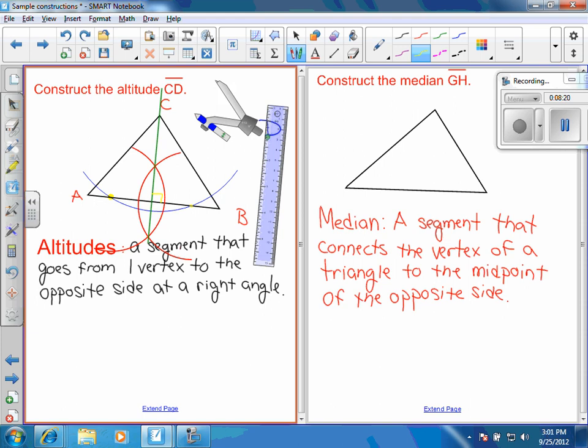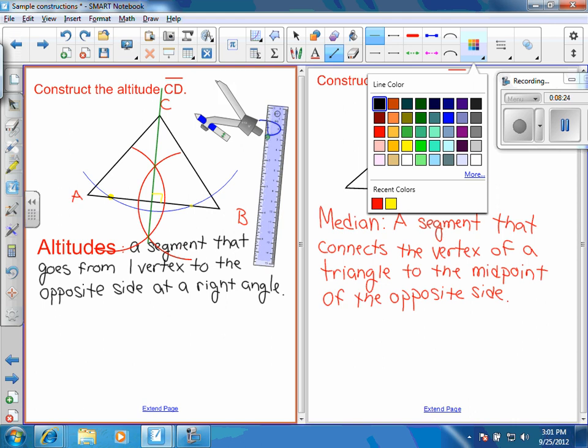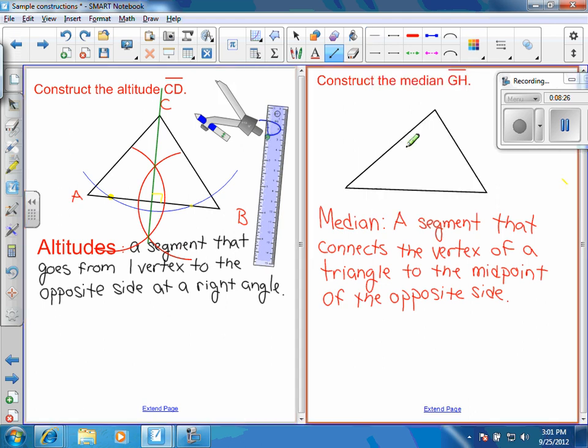If you just imagine what the median would look like, it's always good to imagine what it's going to look like before you do it. You would say, well, the midpoint's about here, right? And if that were the median, you could see this right here is not a right angle. So even though I haven't done the construction, I want to imagine what it's going to look like before I start.